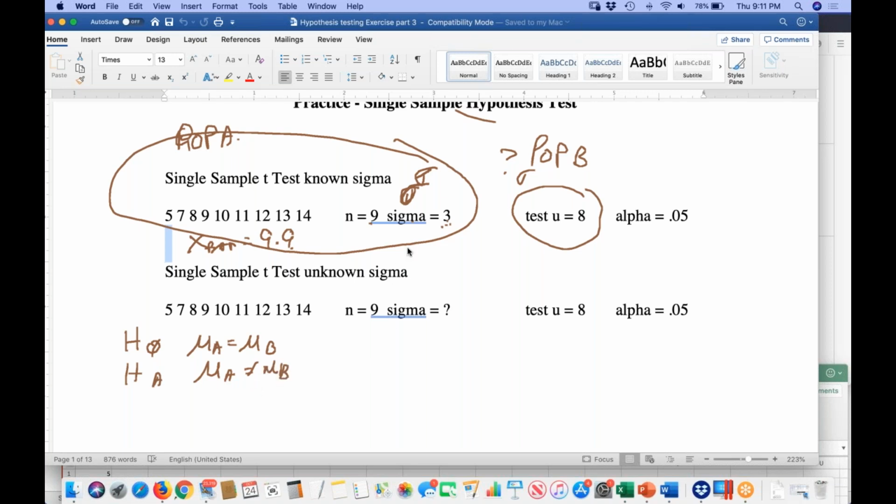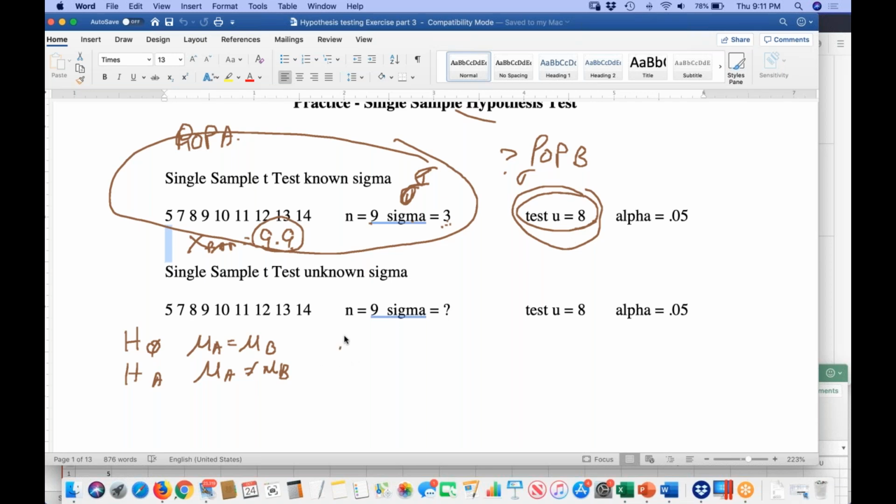To prove that, I'm going to try and show that my mean of 9.9 is different enough from my known mean for this other population that I can say with 95% certainty that the true population mean A is not the same as the true population mean B.